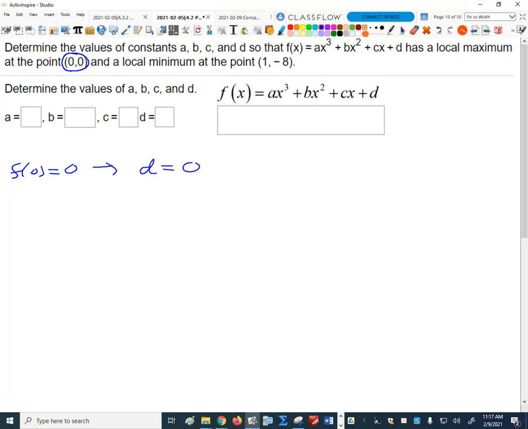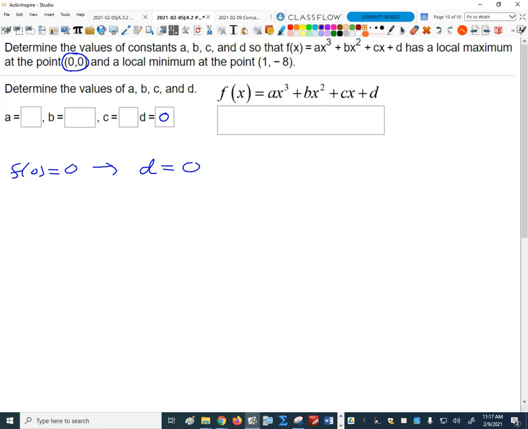Everybody see that? Right? Because I'm plugging zeros in there, and there, right? f of 0 is equal to 0. So that value on the left is a 0 also, right? Okay, so there's one equation. That's a good one. Tells me that d is 0. I can already fill that one in.